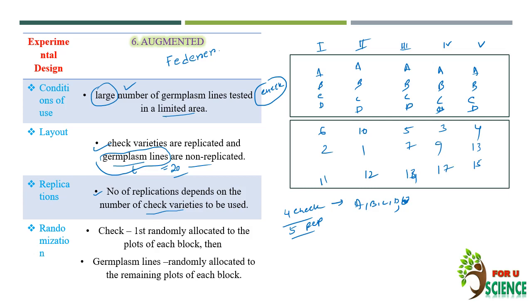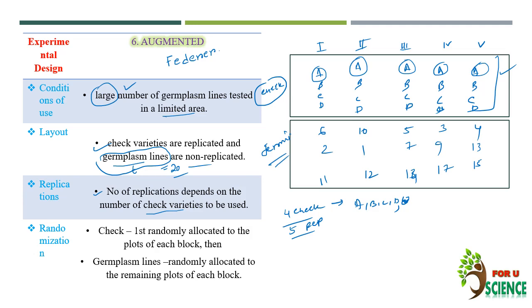Here are the germplasm lines. The point to remember is that the check is replicated, that is A is replicated 5 times, and all the checks are replicated, but the germplasm lines are not replicated.